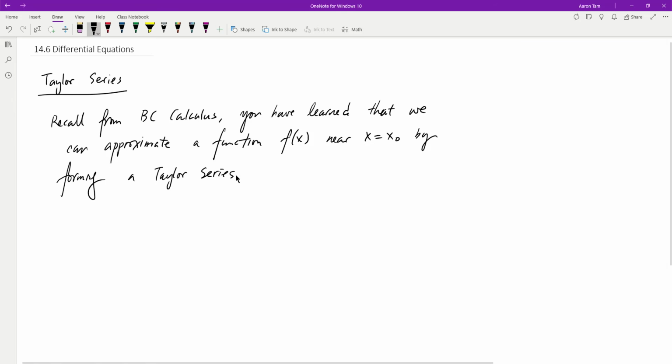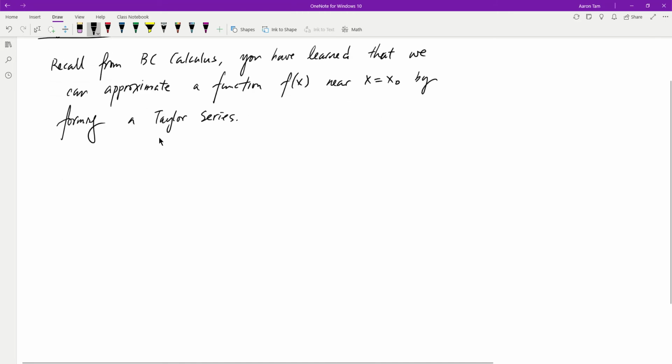And what does the Taylor series look like? The Taylor series will look like the following formula.